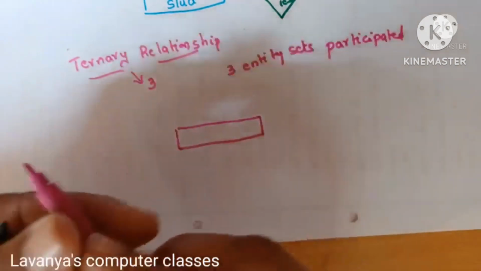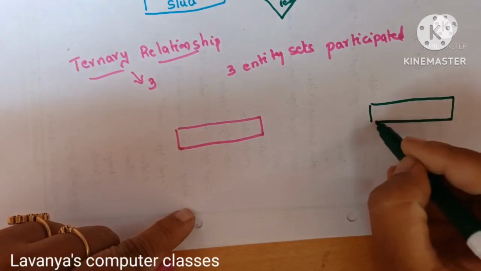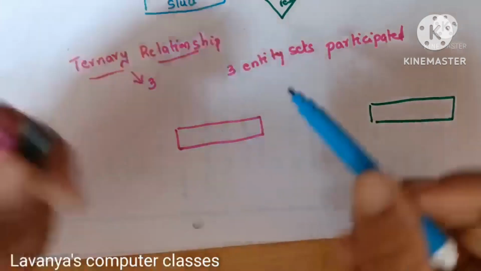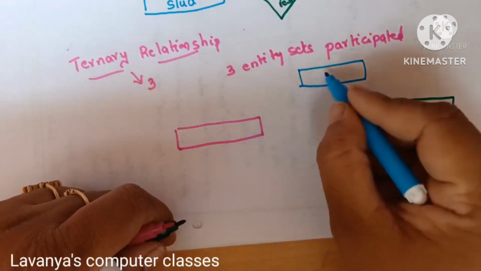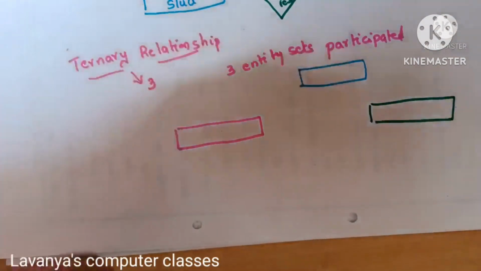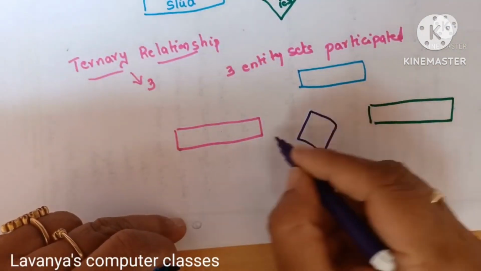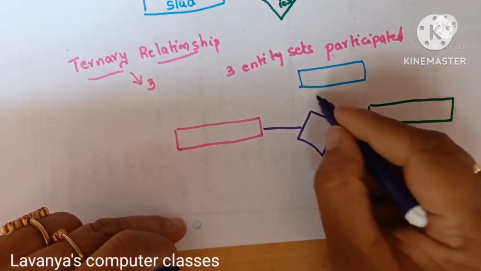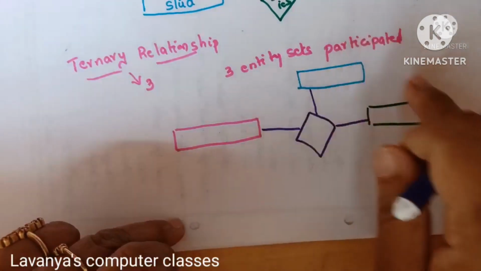This is the entity set, a rectangle box. Second entity set and third entity set. These three entity sets are connected with one relation. The relation diagram is a rhombus. All three entity sets are connected with this relation. So this is called a ternary relationship.